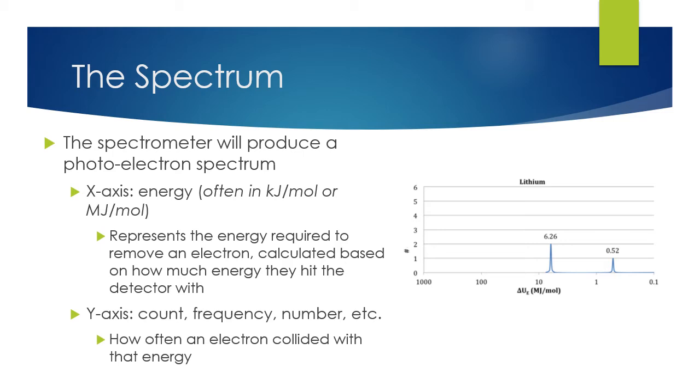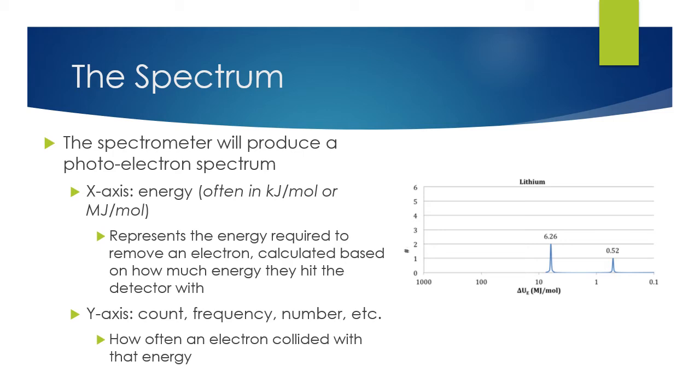That is a big capital M for megajoules, which is bigger than kilojoules. This represents the energy that is required to remove the electron, aka the ionization energy. You'll notice it does not represent the kinetic energy. What happens is the detector detects the kinetic energy, realizes how much energy was put in, and then the energy it provides to you on the graph is the ionization energy.